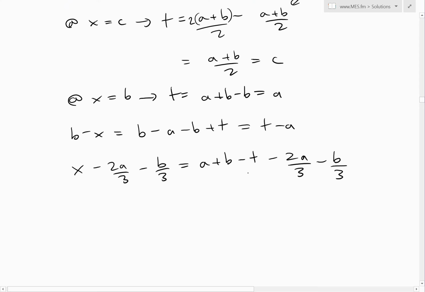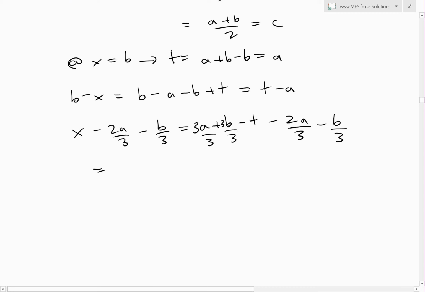So now again, common denominator, for this 2a, that's 3 over 3, the b is 3 over 3. This is just going to be 3a minus 2a, that's just a over 3. This 3b over 3 minus b, that's just going to be 2b over 3, and minus t.